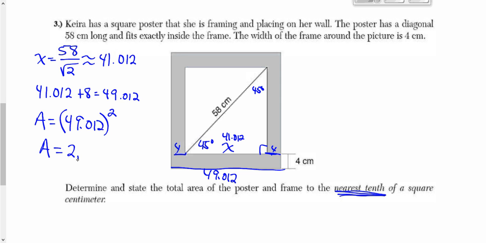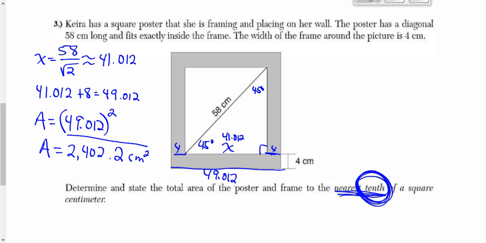Say it again? 2,402.176. See that? Rounded correctly, 2,402.2. What are the units? Centimeters squared. Centimeters squared is this area.